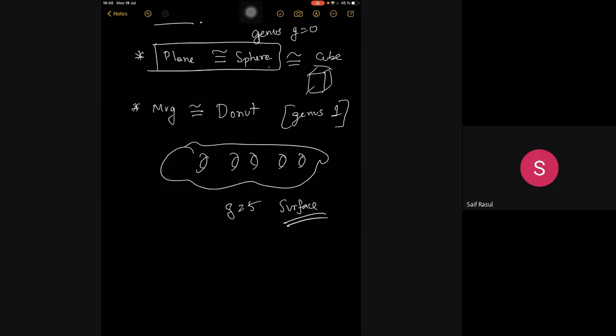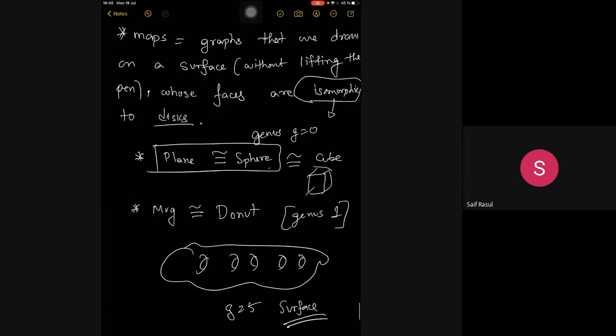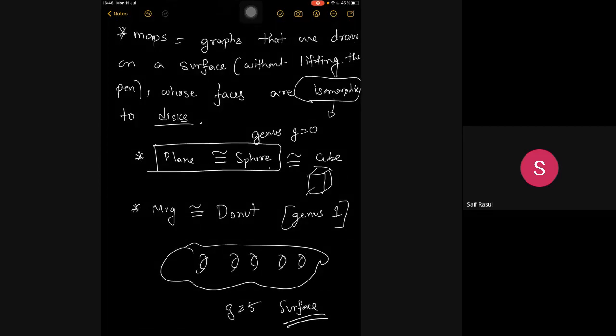So by isomorphism, for those who haven't done topology or have no idea what this is, isomorphism is basically being the same thing. That is, the work I'm doing is the same if I'm doing it on a mug or on a donut, because I can transform one into the other.